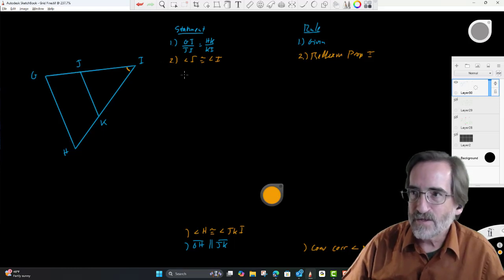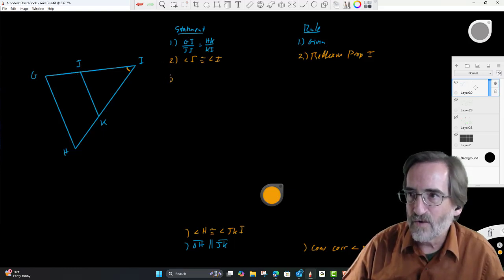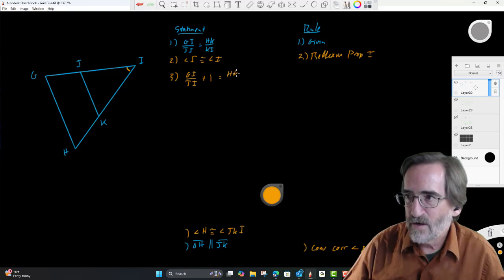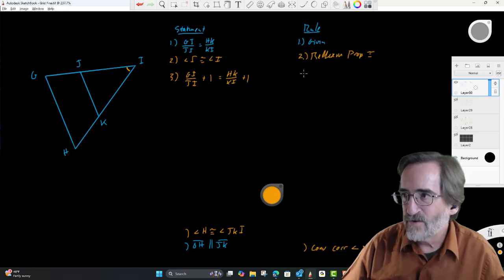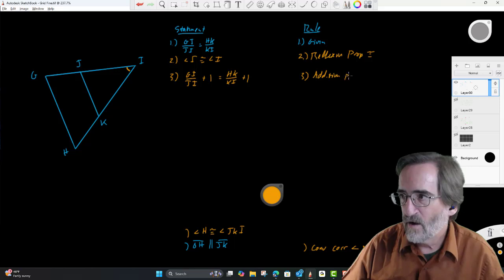Let's kind of work the way we did the last one backwards. GJ over JI plus 1 equals HK over KI plus 1. We can add the same thing to both sides of the equation here, so addition property of equality.